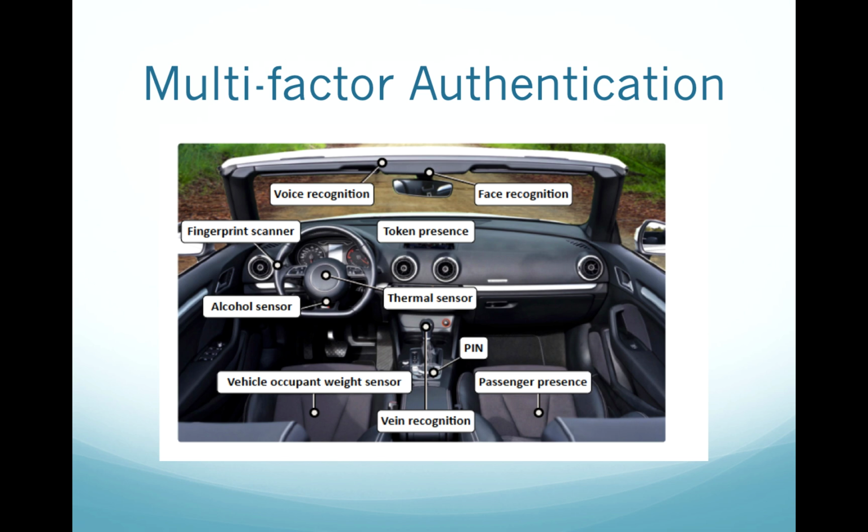For the car, we can use multi-factor with an alcohol sensor, vehicle carbon weight sensor, voice recognition, passenger presence, pin code. Basically, in the car, I pretty much love the pin code for ignition.